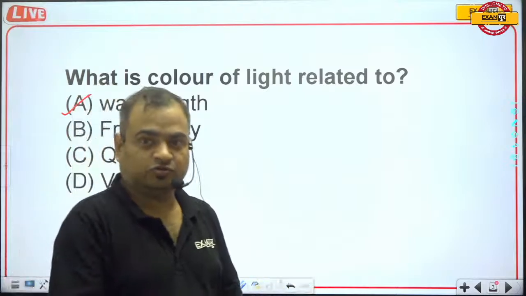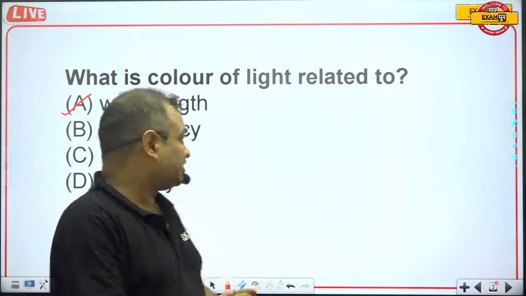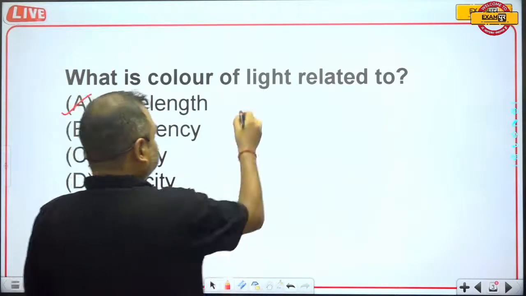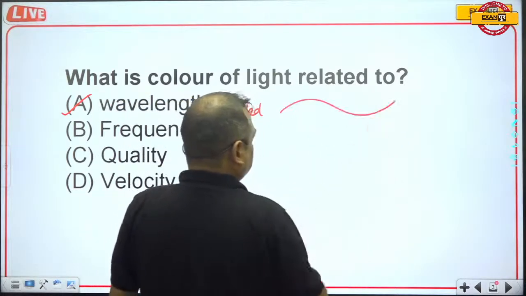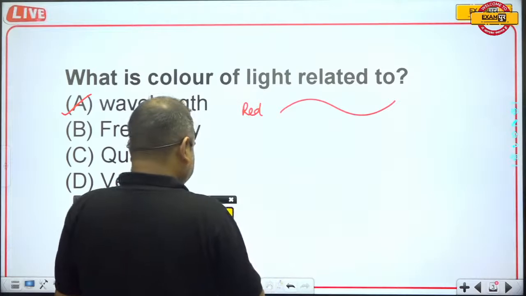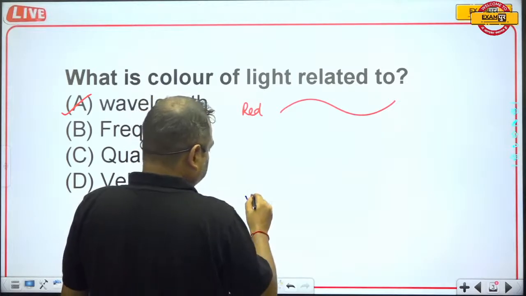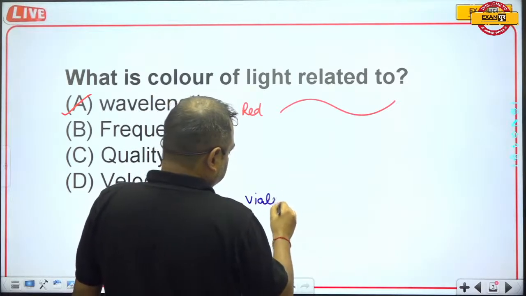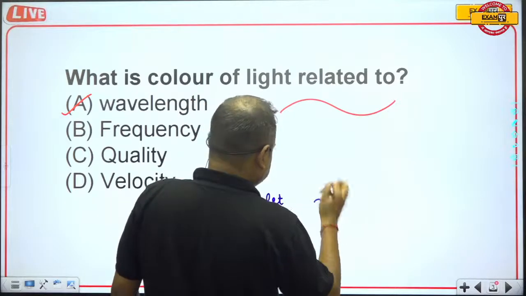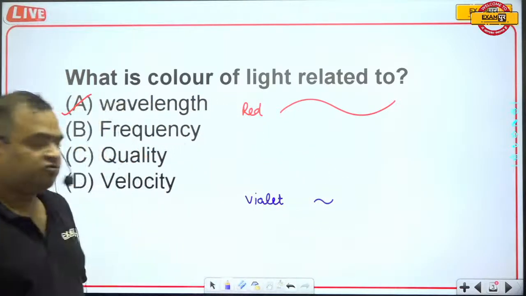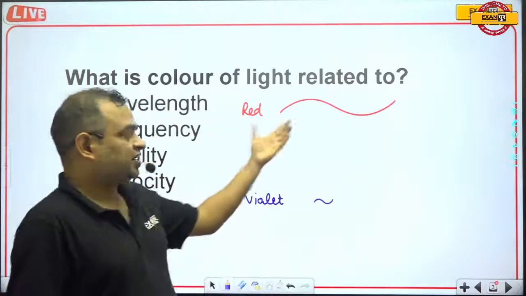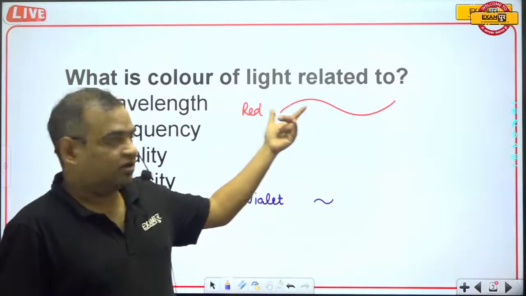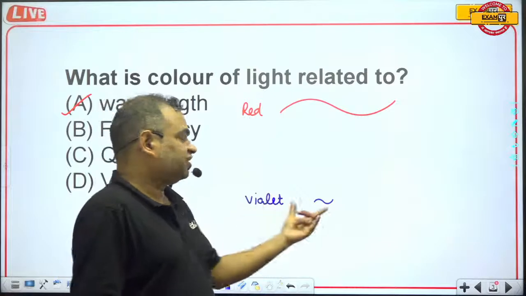Front and the right has the longest wave, and the left has the smallest wave.